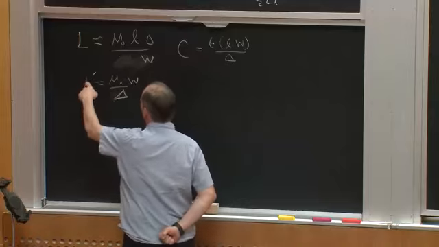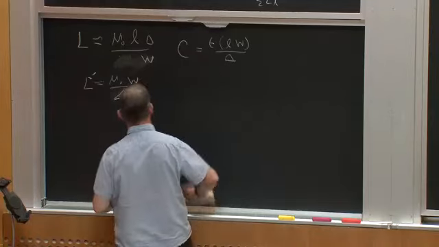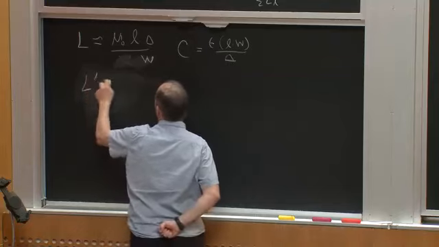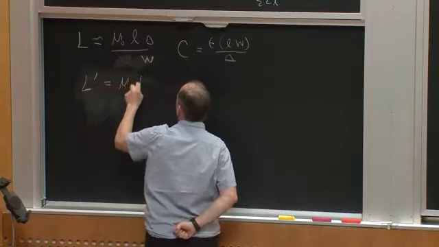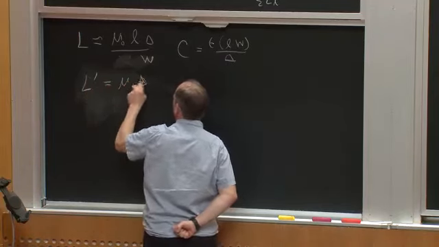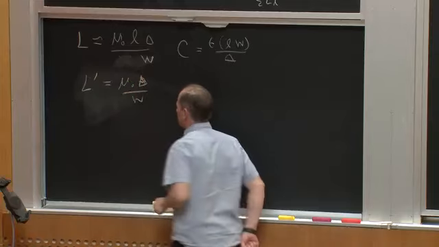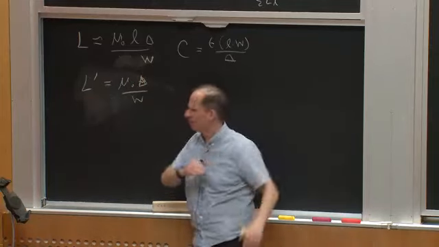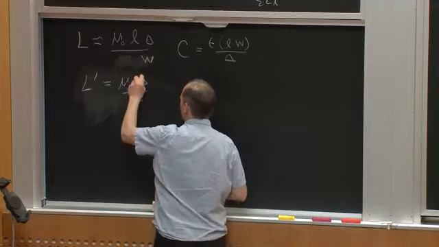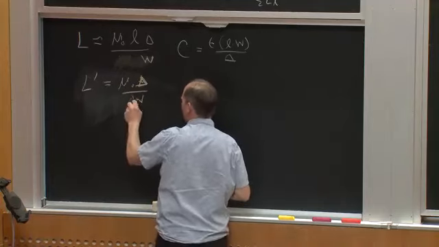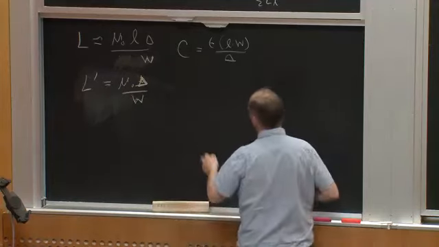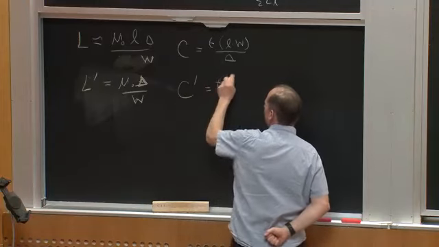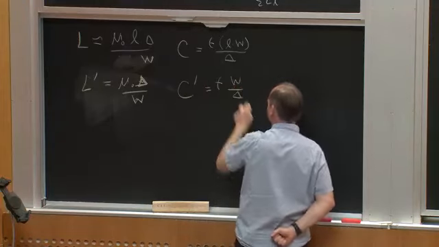The capacitance per unit length, and the inductance per unit length, is then mu naught delta over W. So L prime, because if I have to do it over some length, then I can say what this is. And I want delta to be small and W to be big. If I calculate the capacitance per unit length, it's epsilon times W over delta.